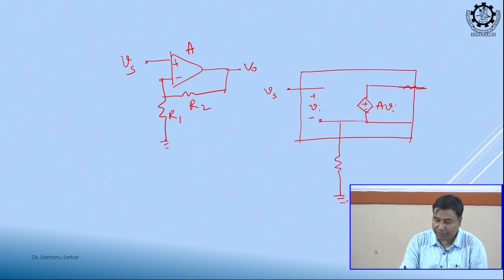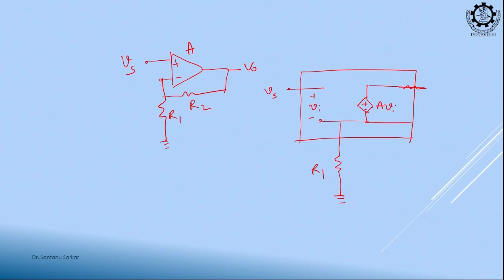This is our R1, and this node goes to the differential input, so Vi is Vs minus Vf, right, and there is another resistor, that is R2, and that is our V0.